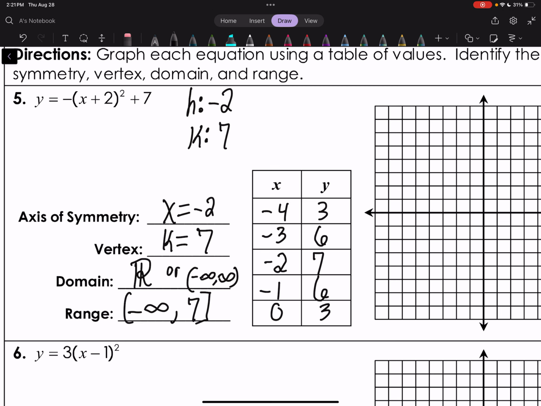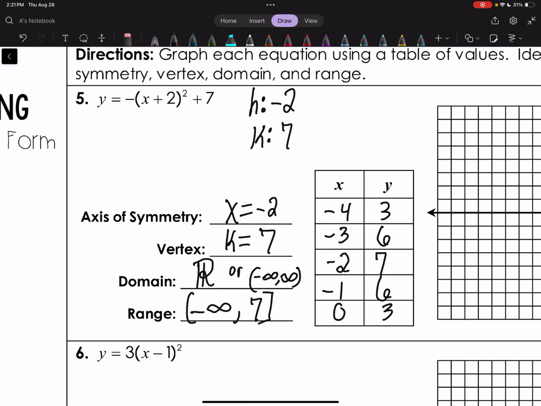You could have done that a lot easier by looking at my a value. My a value is equal to negative 1 in this problem. If a is negative, remember it's opening downward, so it's going to be, sorry, wrong bracket.